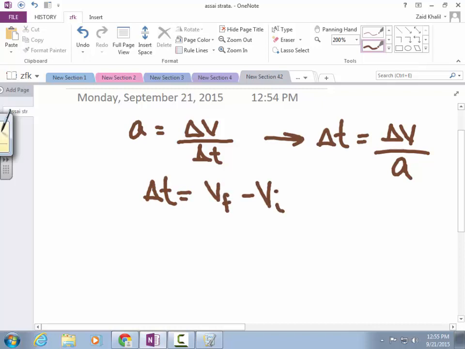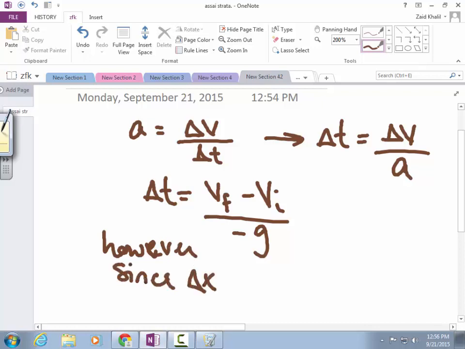What's A? Negative G. But what do we know about Vf in the case where the change in position is 0? It's negative Vi. However, since delta x equals 0, this implies that Vf equals negative Vi. Hence, what do we get?